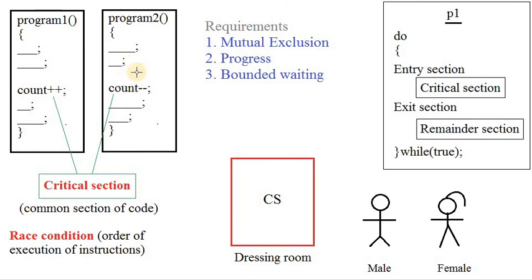Suppose program 2 executes 5 times in the critical section. Later it should exit, and then program 1 will enter the critical section. So there should be a bound here. Otherwise, the other program, program 1, will not enter the critical section for a long period. So that is about bounded waiting.